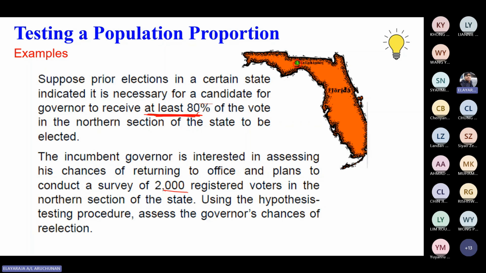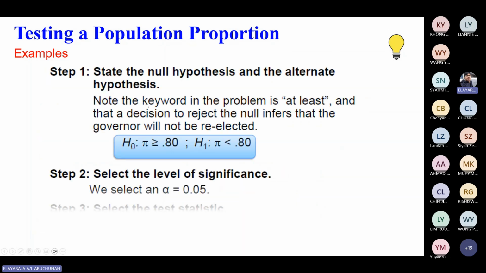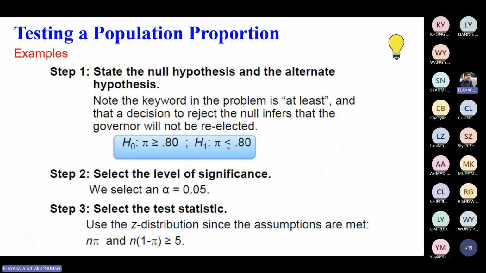At least means the symbol greater than or equal to, and 80% converted to a decimal is 80 over 100, so the probability value is 0.8.